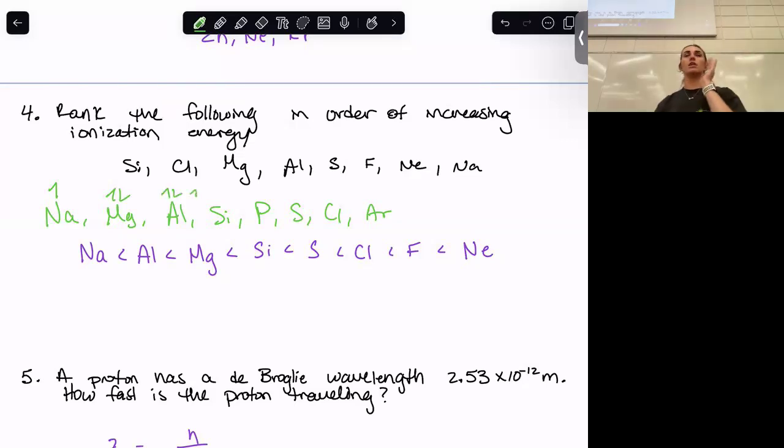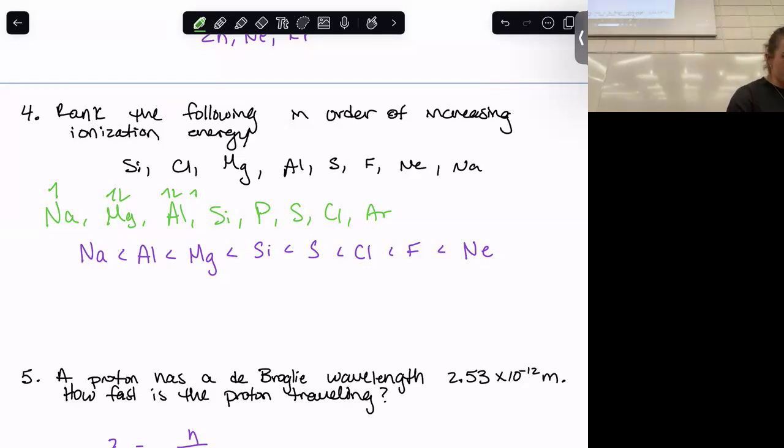It's going to be easier to remove that unpaired electron in the p orbital than to remove the paired electron in the s orbital, right? The s orbital is a little bit closer to the nucleus, and the p orbital is a little bit farther away. So it's easier to pick that one off. So this one is actually easier than the magnesium. That's why sodium is first, because that's number 1 on the row, and then aluminum, and then magnesium.